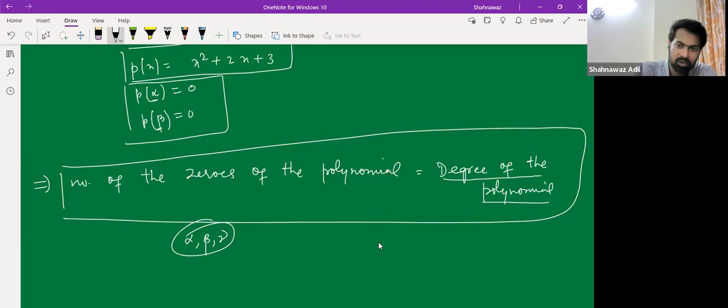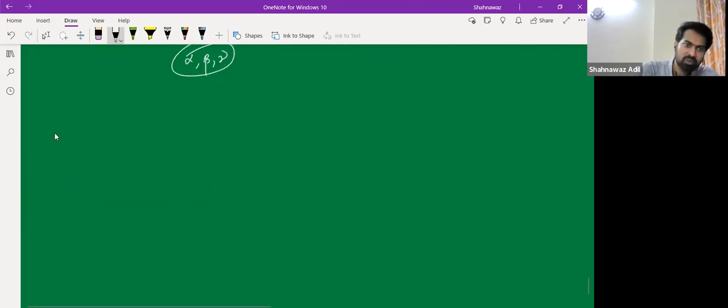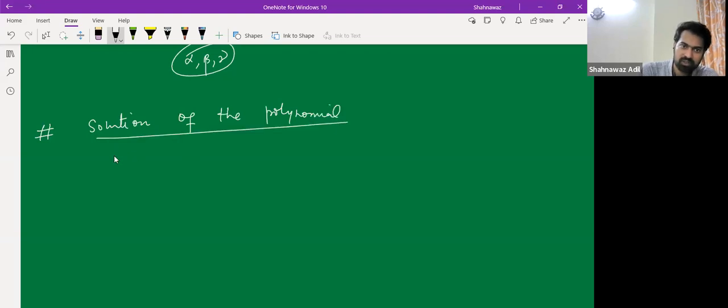Now we get two kinds of solution of the polynomial. One is graphical, and the other one is algebraic.